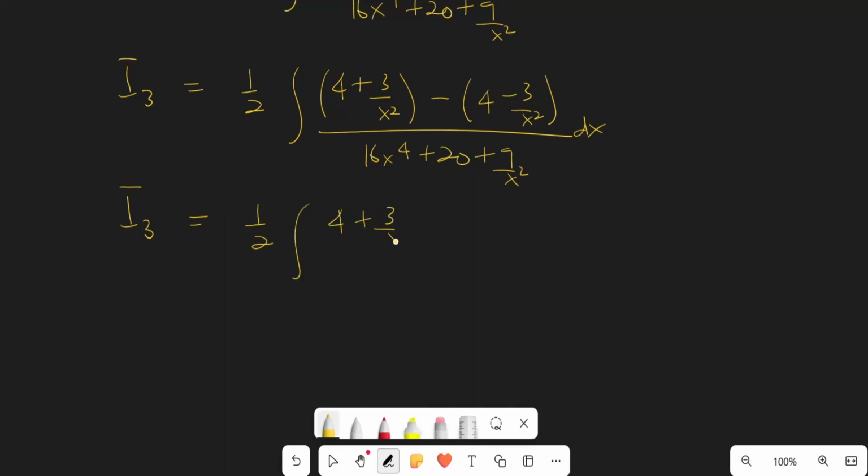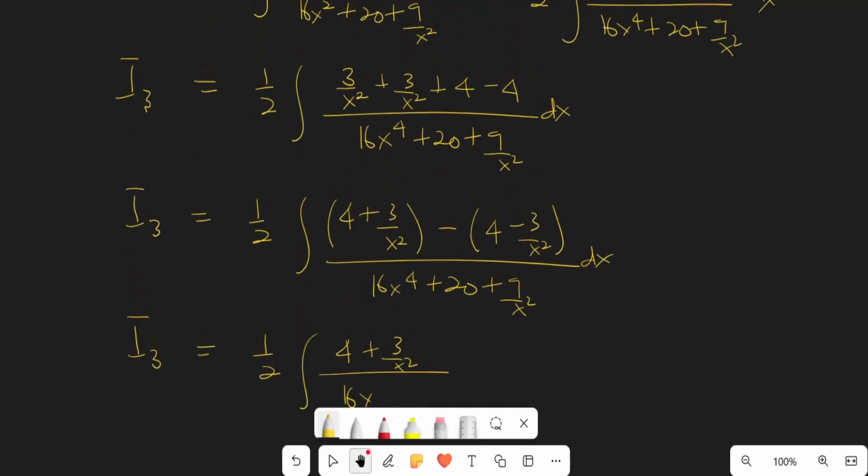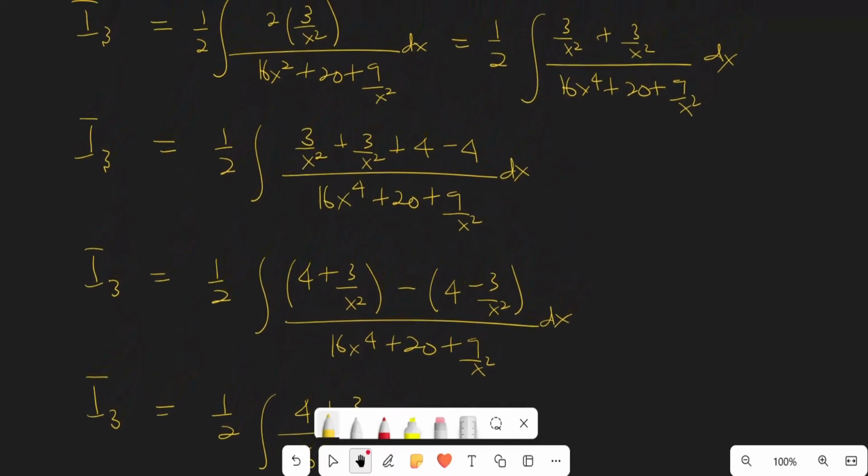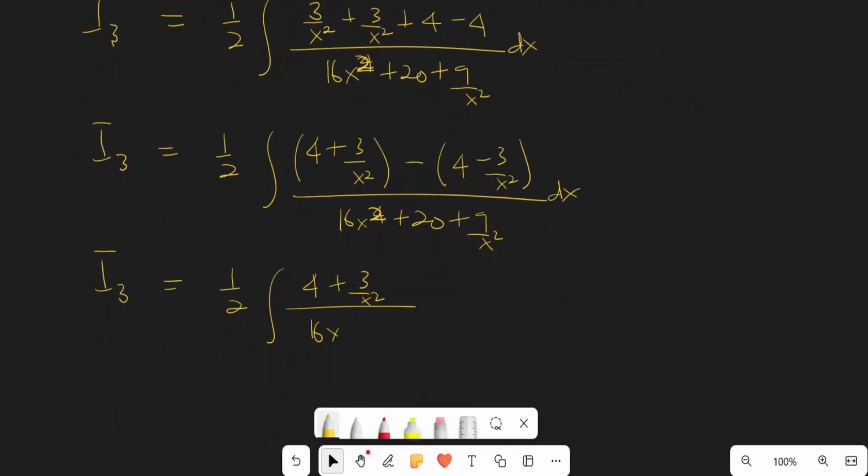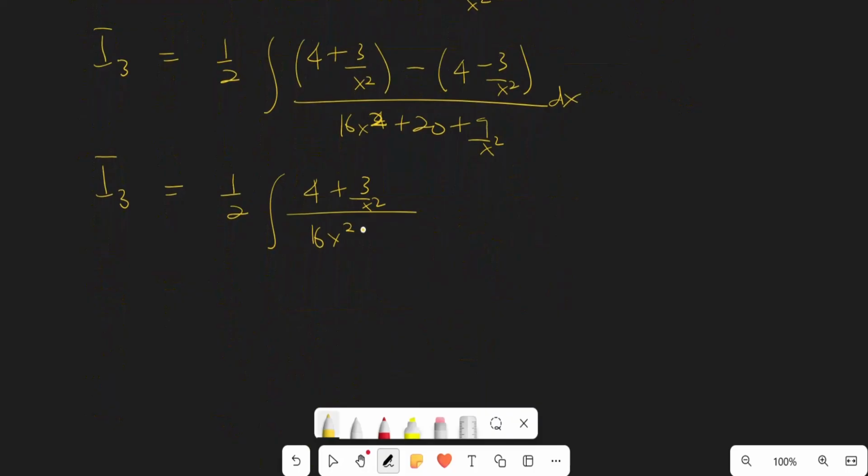So 4 plus 3 over x squared divided by 16x squared plus 20 plus 9 over x squared dx. I'm sorry about that, this is x squared. Minus 4 minus 3 over x squared divided by 16x squared plus 20 plus 9 over x squared dx.